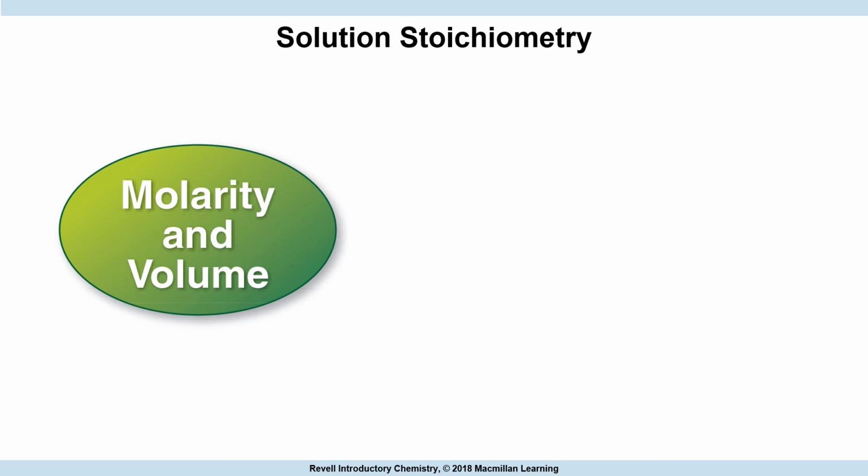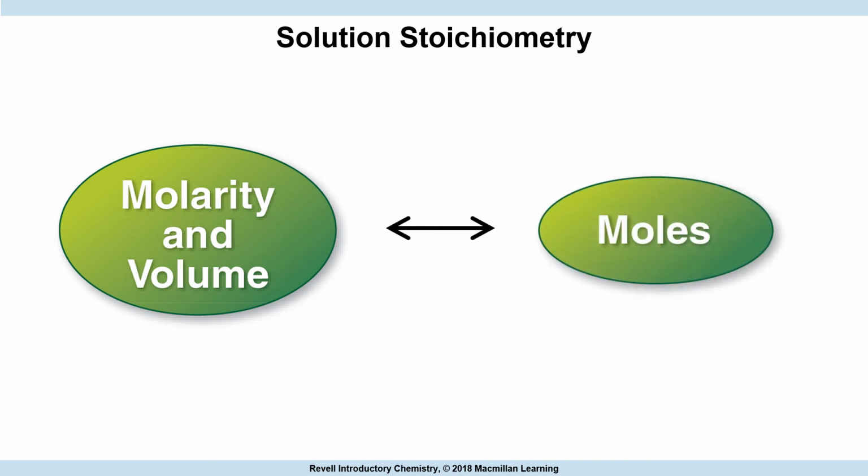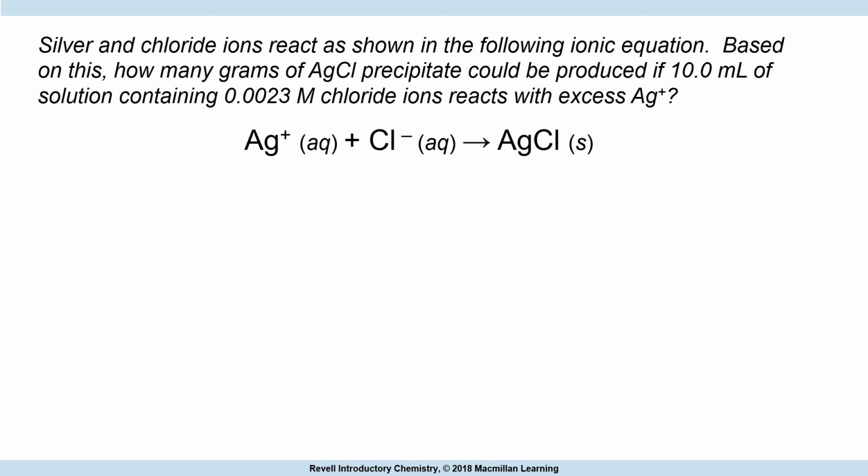Finally, just to mention solution stoichiometry. Stoichiometry means we're looking at an equation and talking about quantitatively what's going on, and we do that by changing things into moles. We just look at a couple of examples here.